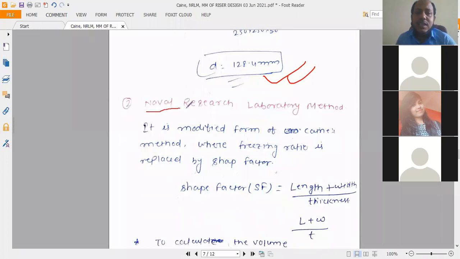Next thing is the Naval Research Laboratory method. So Naval Research Laboratory method में थोड़ा सा ये Chvorinov's formula का modified रूप है. This is the Naval Research Laboratory method to determine the riser dimension or the riser design. It is the modified form of the Caine's formula.